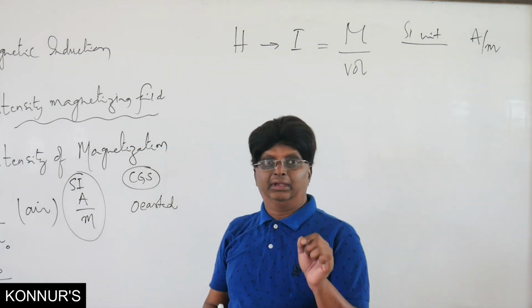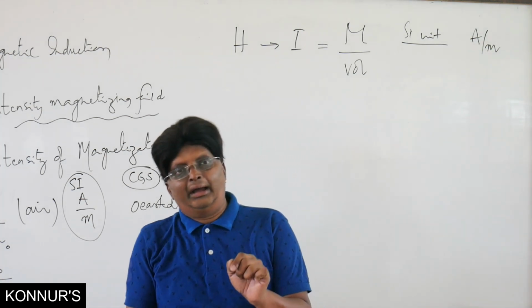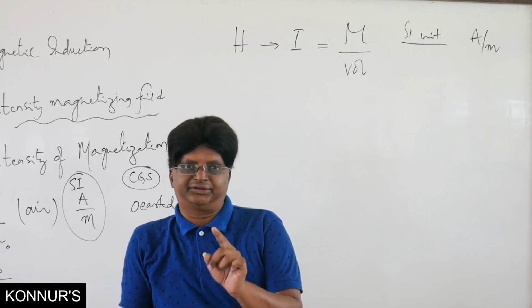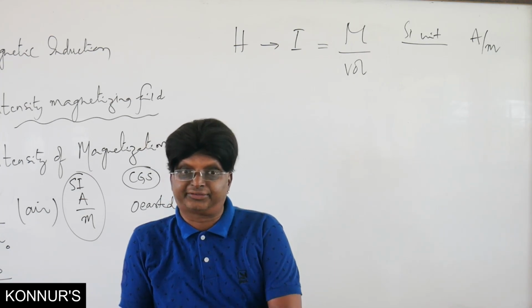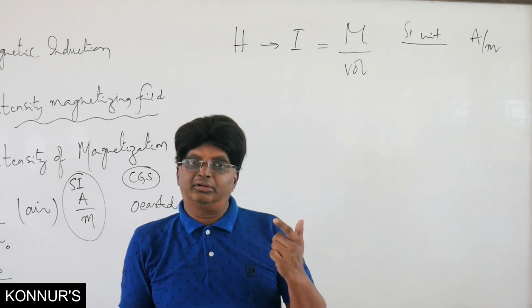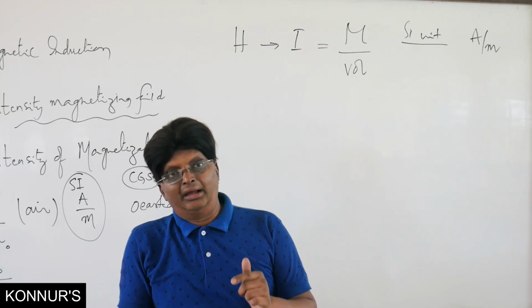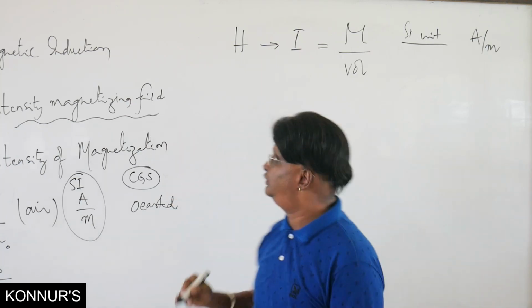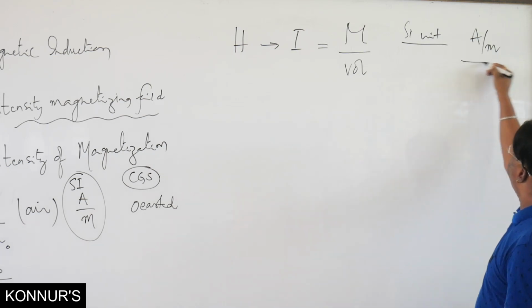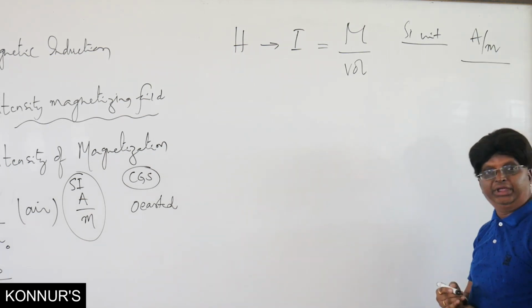Now see, H is the cause, I is the effect. We have many such pairs in physics, and this is one such cause and effect. Therefore both have the same unit, ampere per meter.